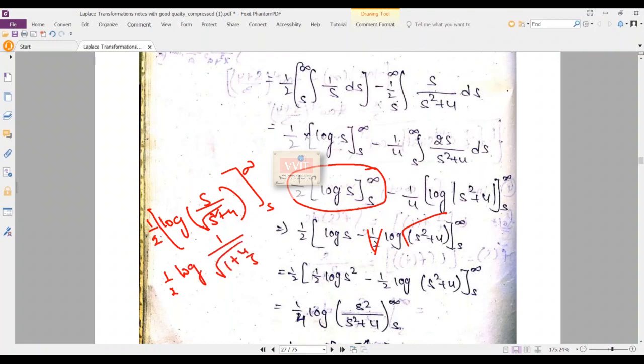Now what may happen here? Something by infinity is 0, so 1 by root 1, log 1 is 0. In that sense, it will be right.